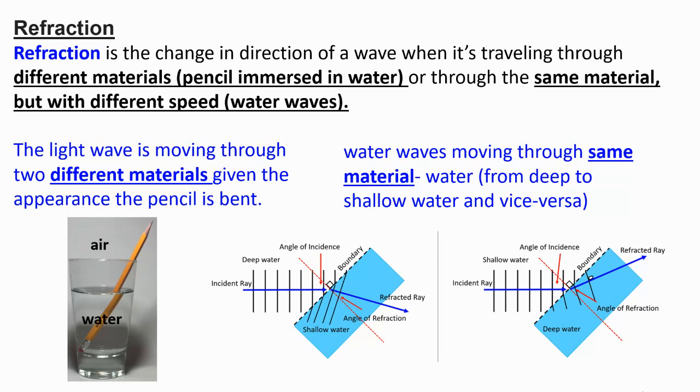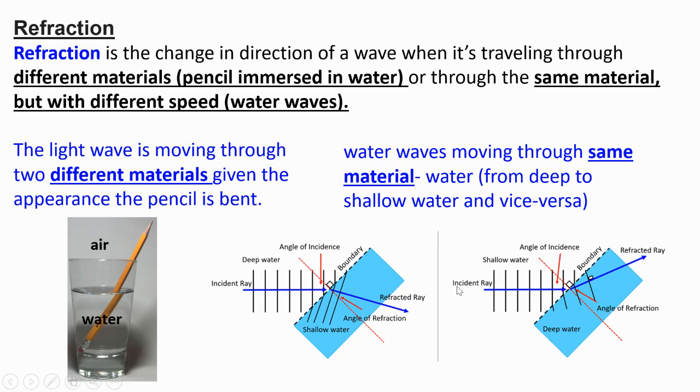Refraction is the change in direction of a wave when it's traveling through different materials, like a pencil immersed in water, or through the same material but with different speed, like water waves when moving from deep water to shallow water, or from shallow water to deep water.